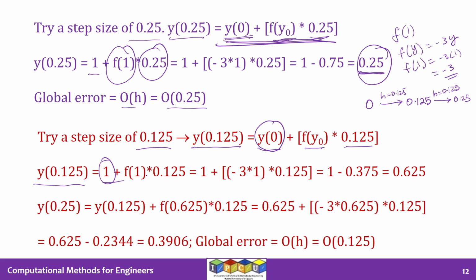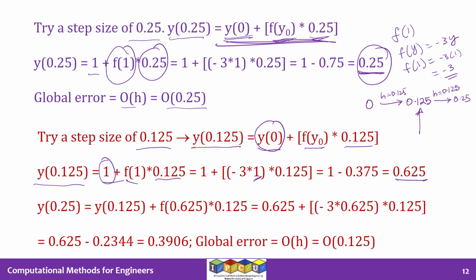F of 1 is going to be minus 3y, and y is 1 when you start off, right? Because y0 is 1. Therefore, f1 is going to be minus 3, and h is 0.125 here. So I get the value of y at 0.125 to be 0.625. So I found out the value of y at t is equal to 0.125.